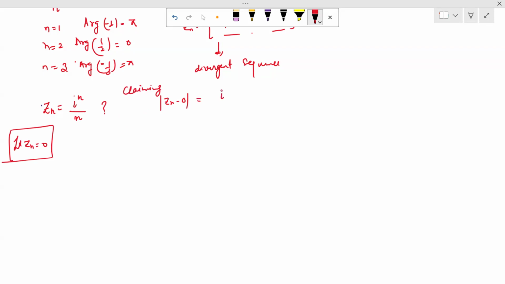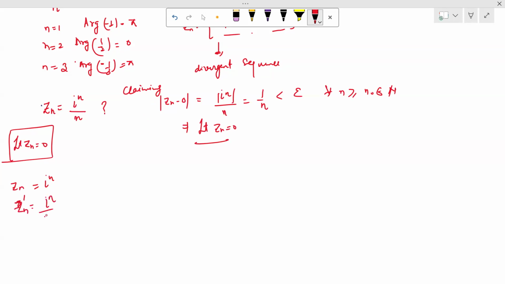Zn minus 0 mod means iota raised to power n mod divided by n, which is equal to 1 over n. So it can be made less than epsilon for all n greater than or equal to some natural number. It implies that limit Zn is equal to 0. So clearly, iota raised to power n is a divergent sequence. However, if you take another sequence, Zn dash, which is iota raised to power n divided by n, then this definitely converges towards 0.